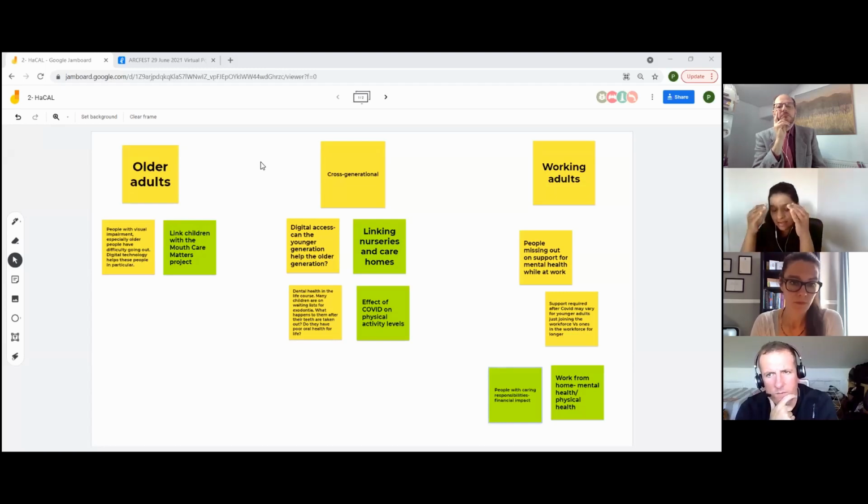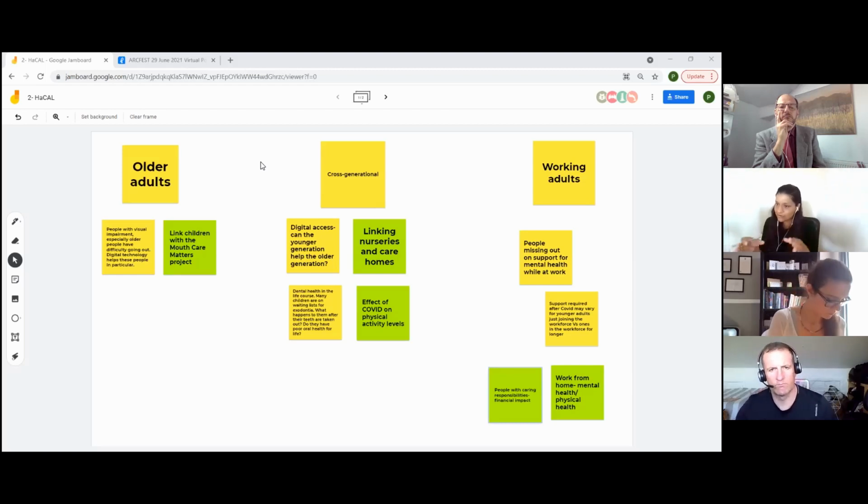In HACAL, we have a project which is called Mouth Care Matters, looking at the oral health of people in care homes. One of the topics that came up was, can we link children with that particular project? Can we get children involved and maybe even do some training for the older people, for that interaction between the two generations? It might be the other way around, of course.